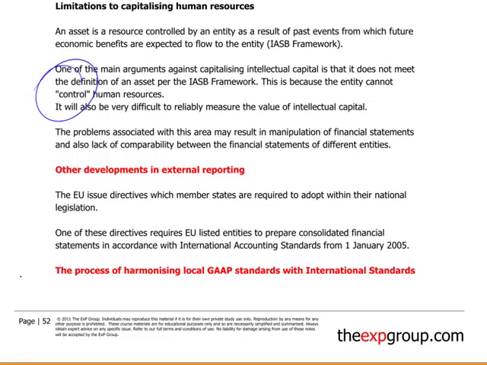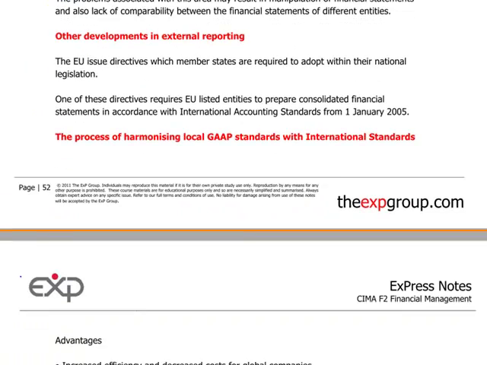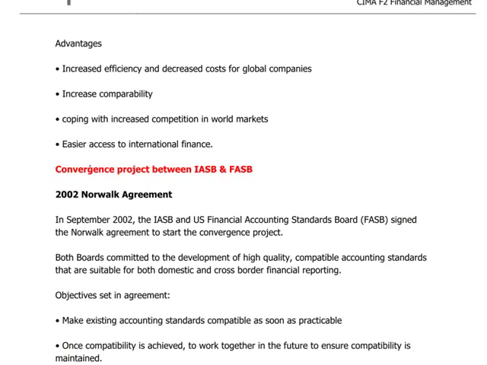Okay, I will let you read about the latest developments, but I just wanted to mention, as you go towards the end of this chapter, that you have the Norwalk Agreement, and that just gives you a flavor that the American FASB has been working closely with the IASB, trying to make US GAAP converge with IFRS.